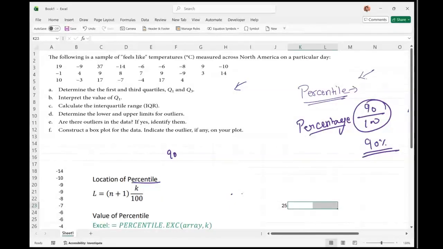Percentile basically means the rank in a given system. So let's say there are 100 students, what's your rank among the 100 students? That's what percentile is. You scored 90% marks, but you are at the bottom, so you are the last ranker. So your percentile is 1 percentile, because you are the last one among the 100 students.